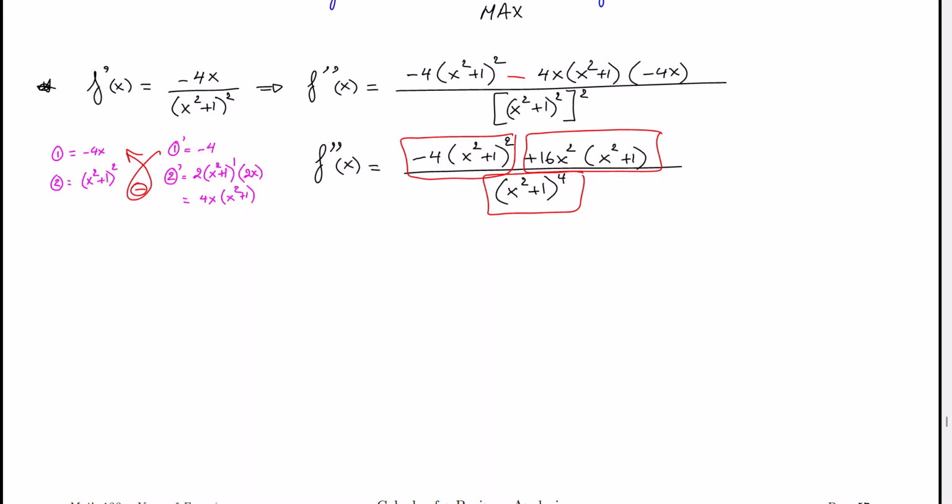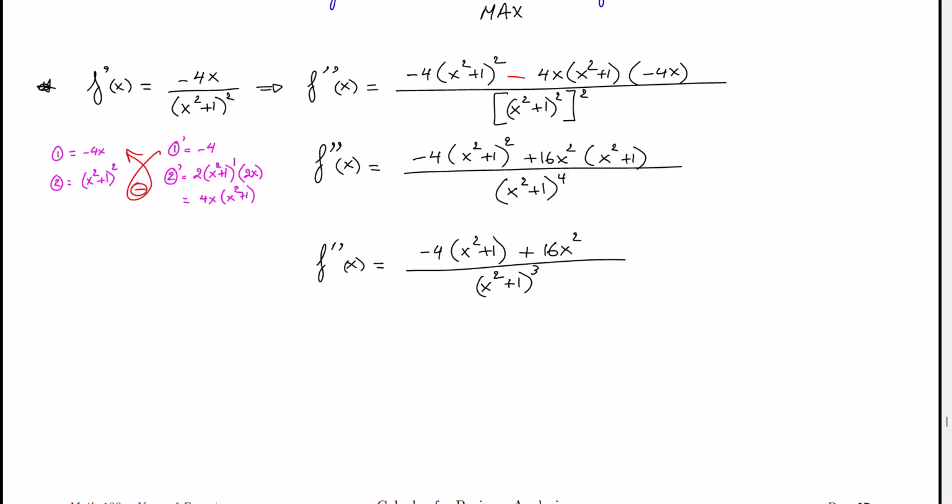So from the first box, removing x squared plus 1, we will be left with -4 and an extra (x squared plus 1). The second box is going to lose the x squared plus 1. It's just going to be 16x squared remaining. And the final box on the denominator loses one of the x squared plus 1s, so that means a power of 3 will remain.